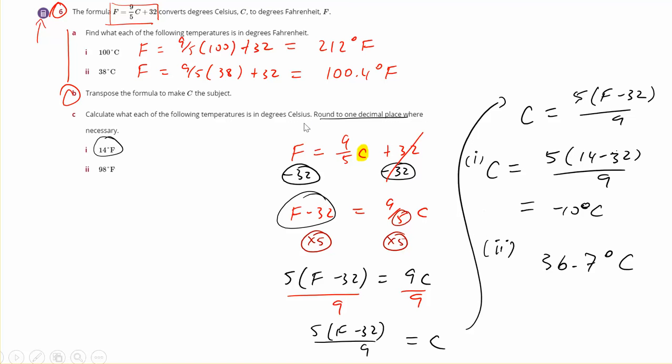So that's basically how you rearrange formulas. It's literally like solving an equation. Hopefully that helps you find the opposite operation to undo something. You have to undo it to both sides.